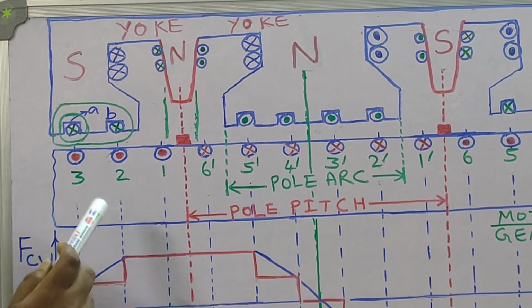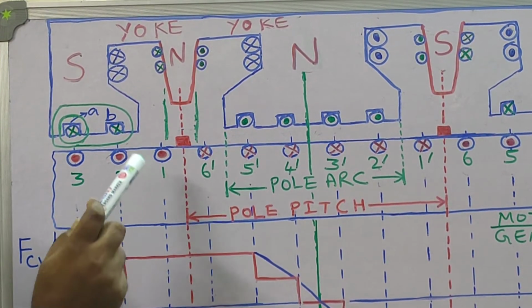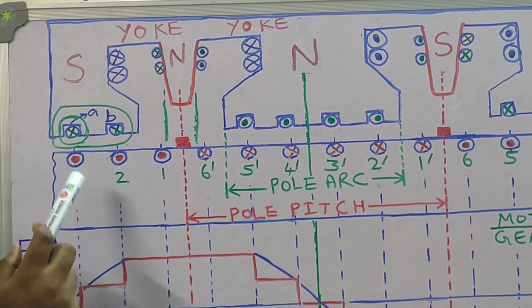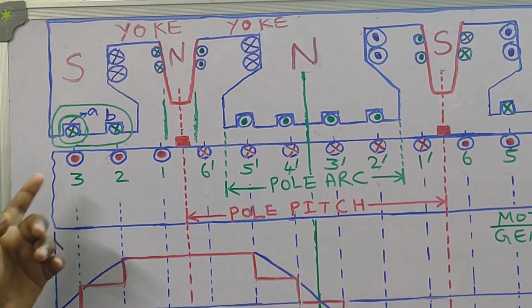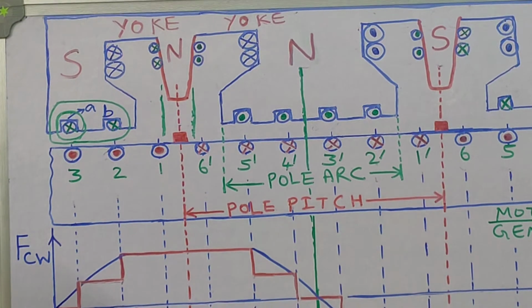So the brush terminals are again connected with the compensating winding conductors. Each of the compensating winding conductors actually carries armature current Ia.